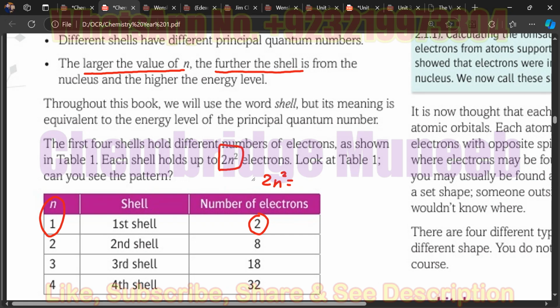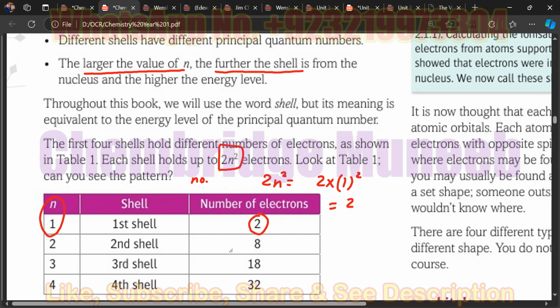The number of electrons which can be accommodated will become 2 multiplied by the square of 1. The value will become how much? 2. So there can be 2 electrons in the first shell.